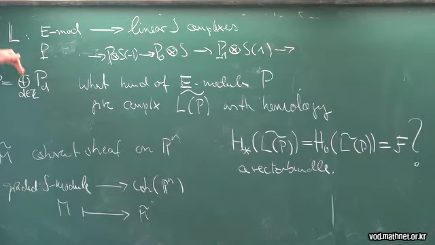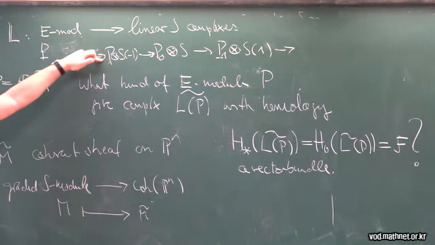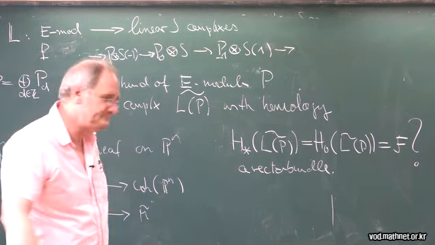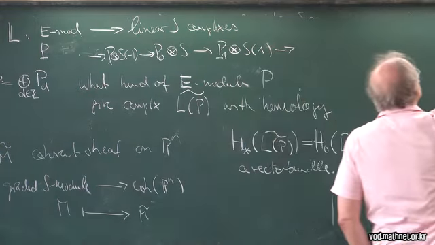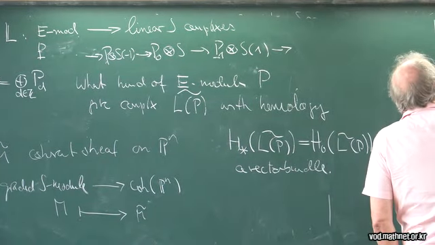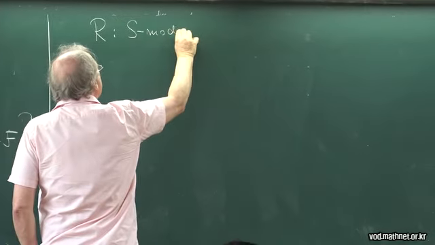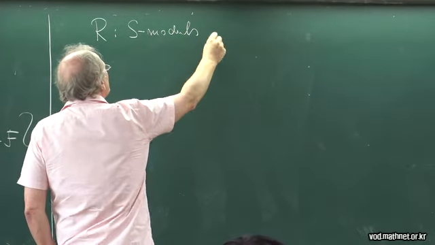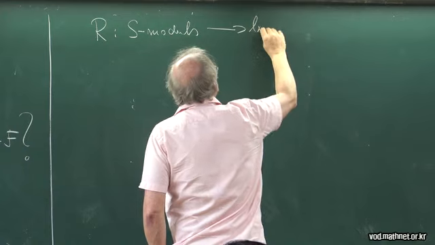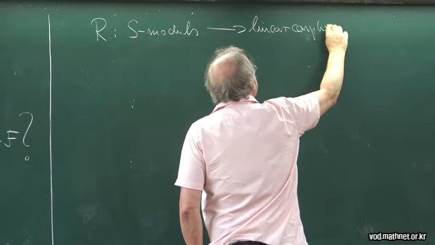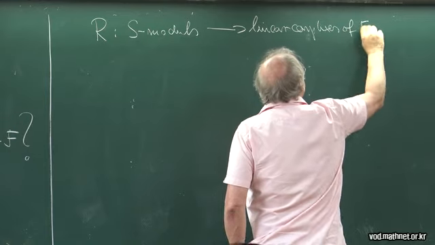Now the idea to look at a P module as a complex can also be applied to S modules. So we have also a functor R, which goes from S modules to linear complexes of E modules.